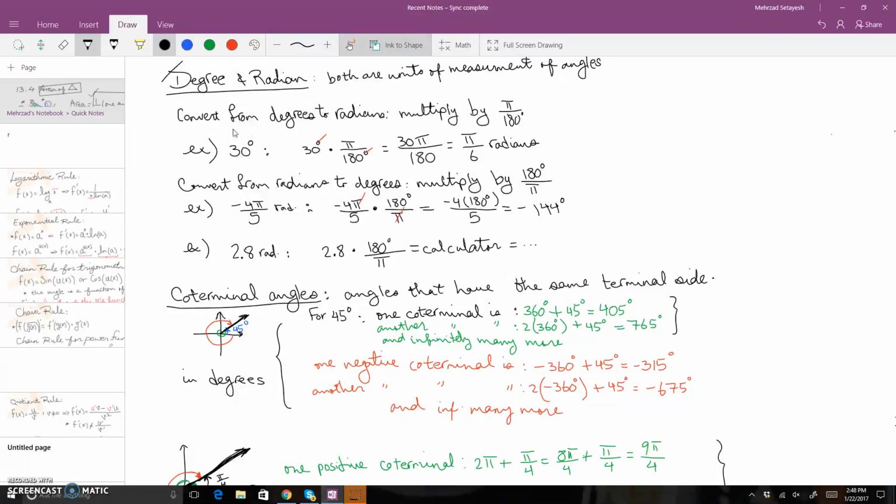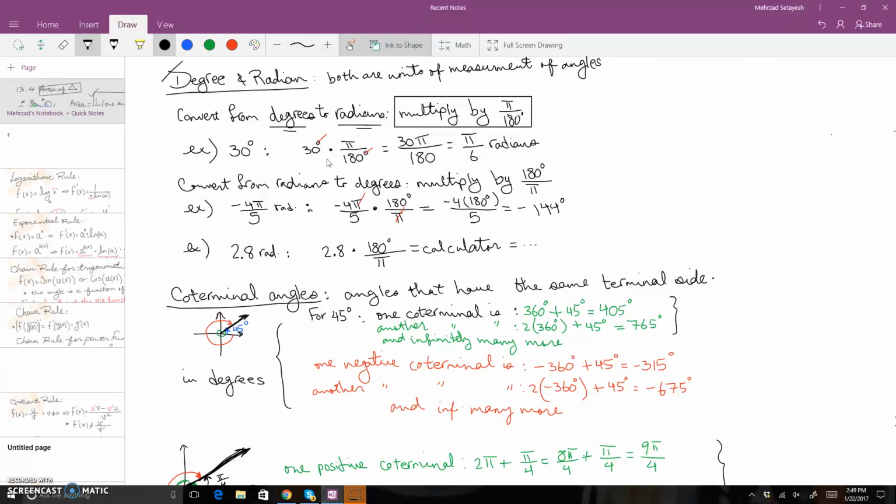Now, if we want to convert from degrees to radians, meaning that what's given to you is an angle in degrees, what's wanted is the same angle, not another angle, but this time in radians. So you're just converting units. If we need to do that, then we have to multiply the given degrees by pi over 180 degrees. You see that you want to get rid of the degree.